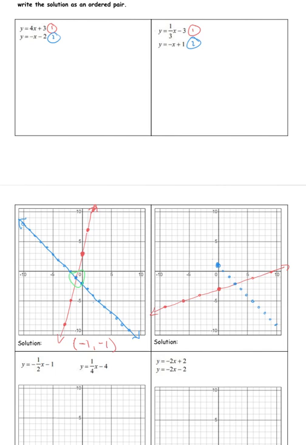Now it's up 1 to the left 1. My apologies, mixing up my left and my right. Oops, that line is very crooked. All right, so we do have a point of intersection here at 3, negative 2.